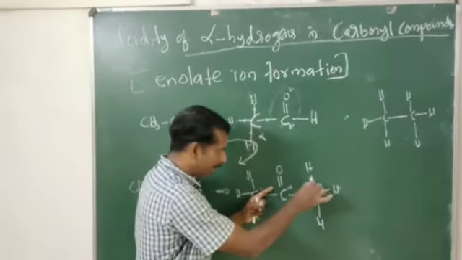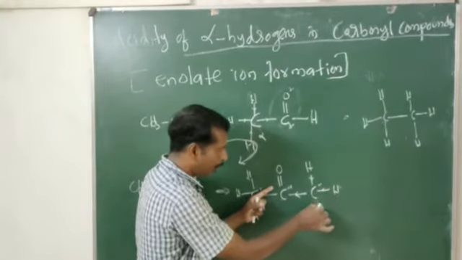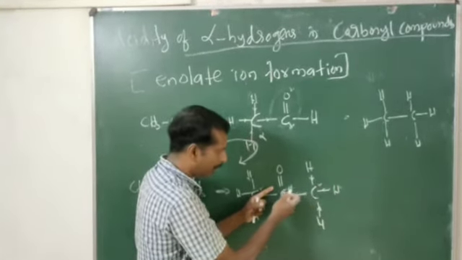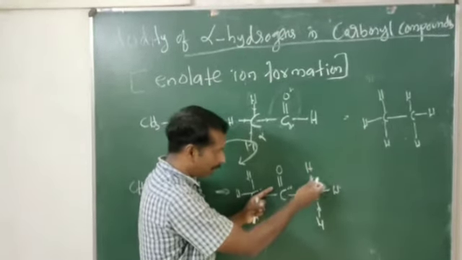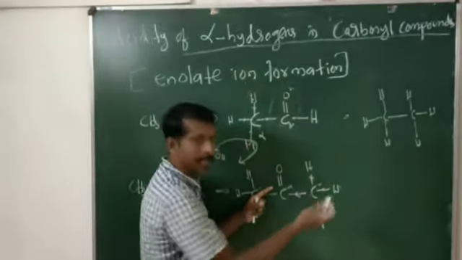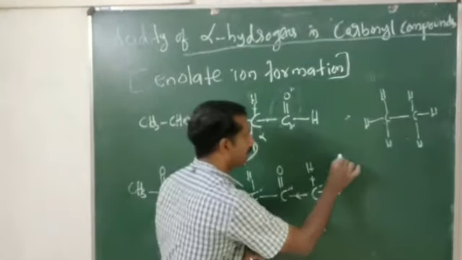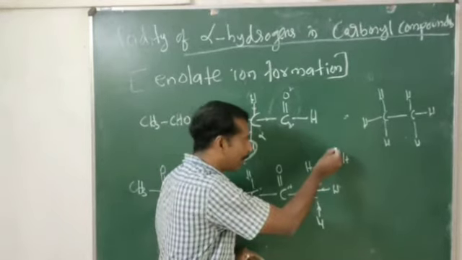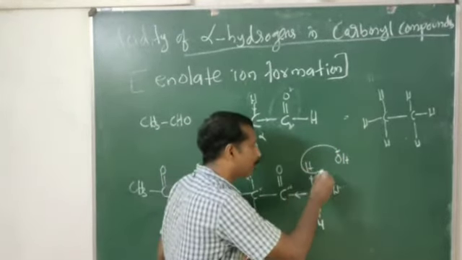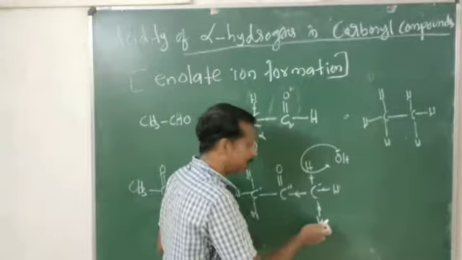When a base such as NaOH, OH minus, comes, the base will immediately remove this proton, or this proton, or this proton.